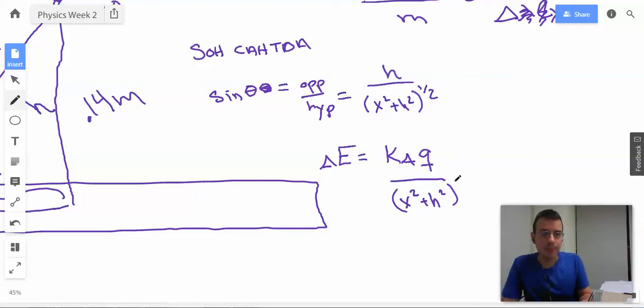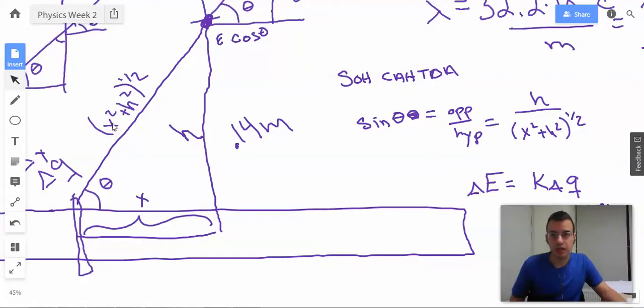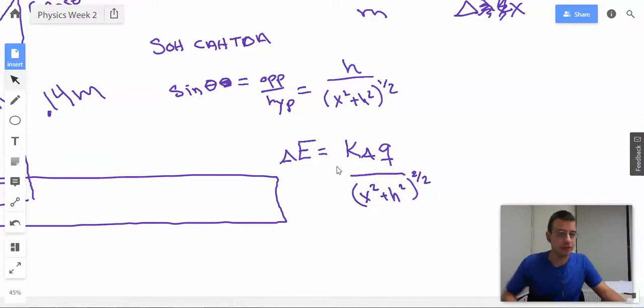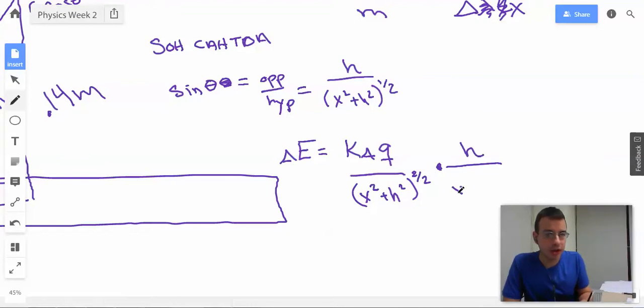I have to explain this: it's over r squared, where r we already decided was x squared plus h squared to the 1/2, but we want to square it, so then we have a 2 over 2. Then we multiply that by sine theta, because we're only interested in the portion of the electric field pointing away from the line. So we're going to have h over x squared plus h squared to the 1/2. These will then combine to become the 3/2.